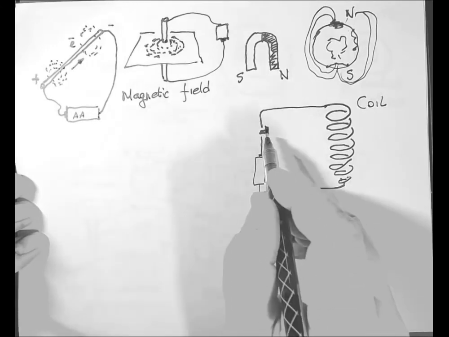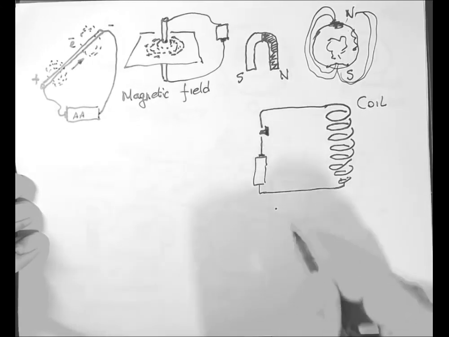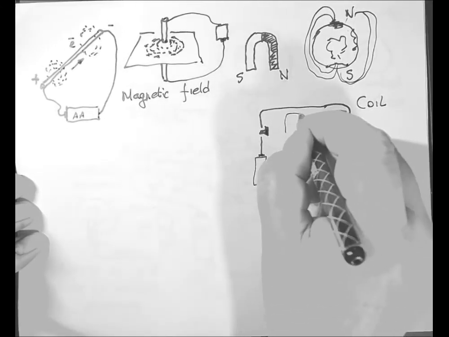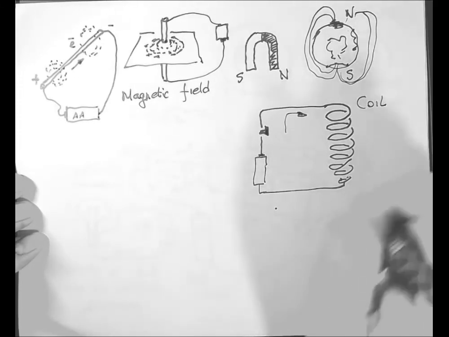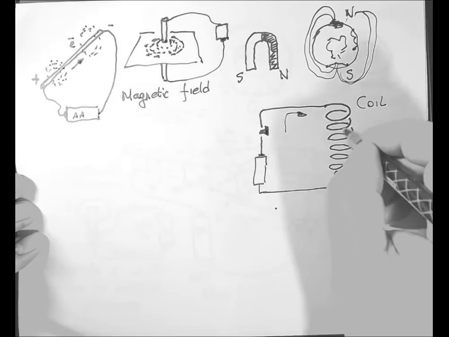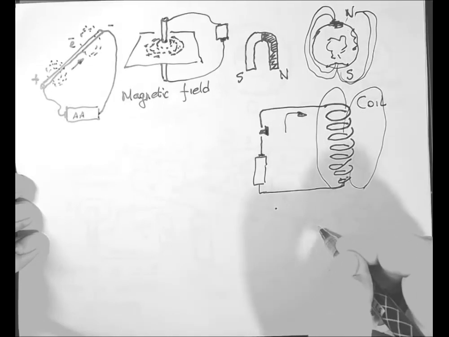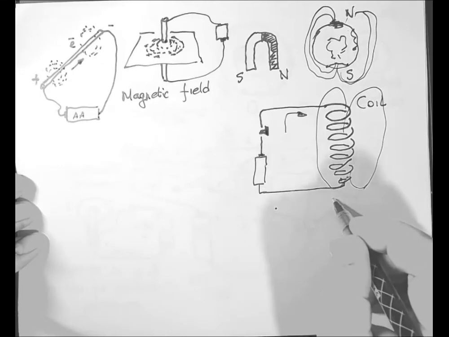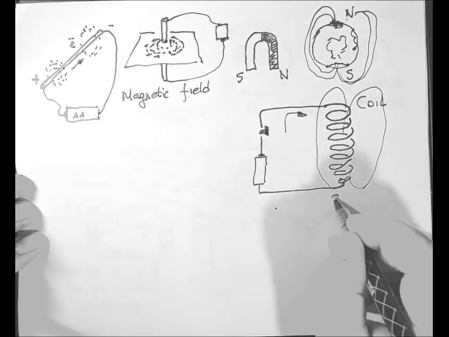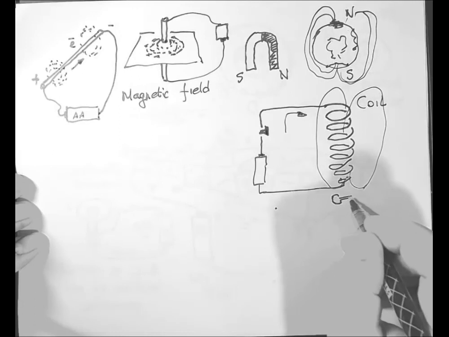So when I close the contour and electrical current goes through the coil, it will create a magnetic field. The magnetic field will go this way. It's invisible, but you can feel it when you put something that can be magnetized near this coil. That could be a key, right?